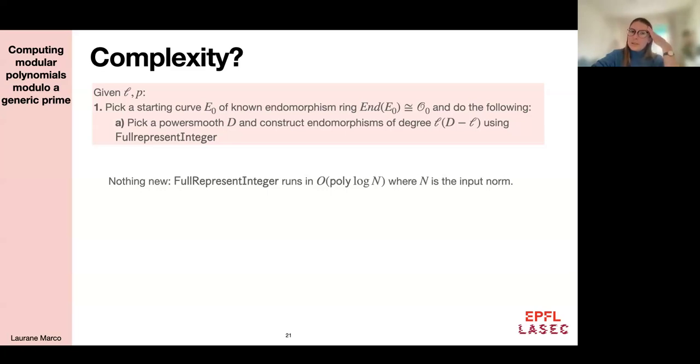Here maybe a little call for help: I don't know if anyone has ever looked into the actual concrete complexity of this algorithm, but I've looked at several places, and this is the most precise statement that I could get. Happy to discuss that if needed. In our case, n is going to be about O of p, so the complexity is going to be polynomial in log p.